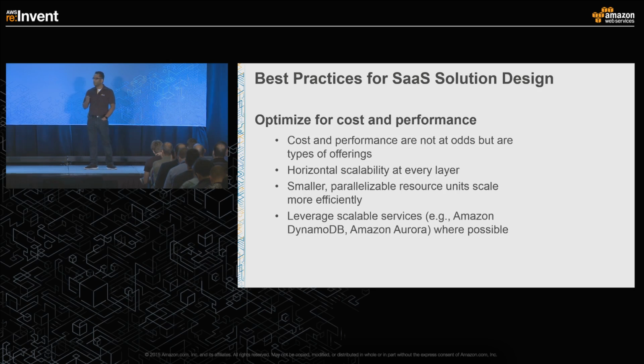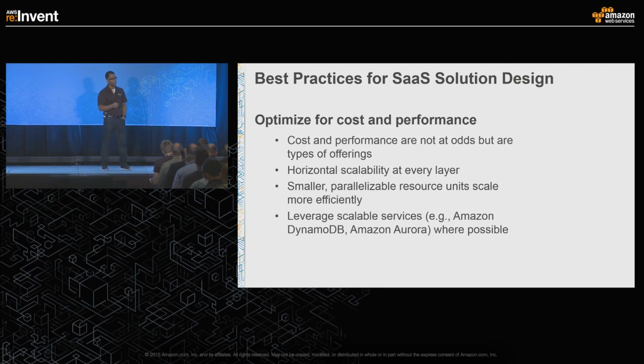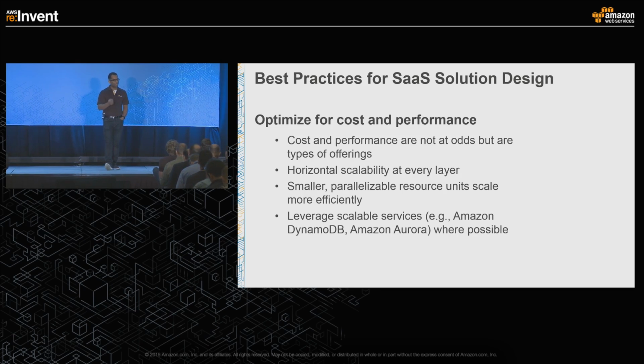And finally, leverage inherently scalable services such as Dynamo, Aurora, and others, so that as your customer base grows, you can easily scale up, and there won't be a bottleneck in any part of your application architecture. So for example, with Dynamo, whenever you need more read or write capacity units, it's simply an API call away.